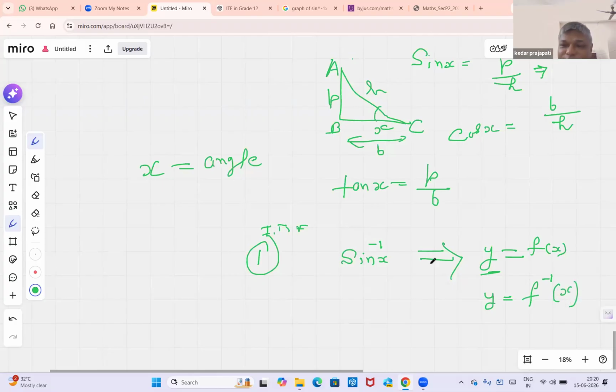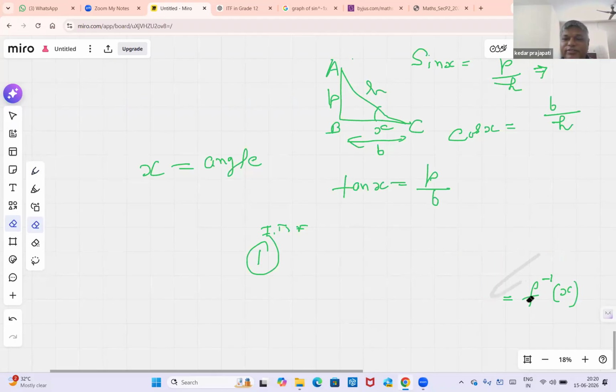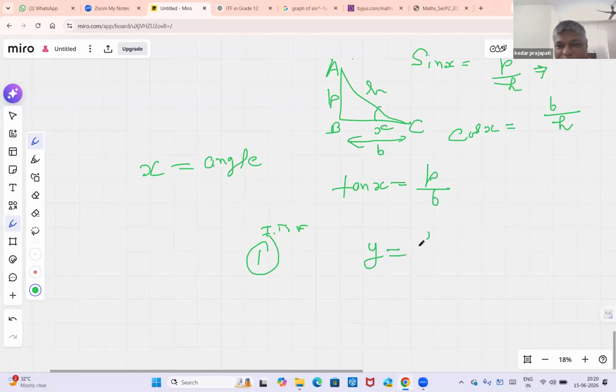So here y is dependent on x in normal. So what happens is, don't go to sine inverse x right now. Right now, what I am saying is, suppose you have a function like this. So how will we write the inverse?